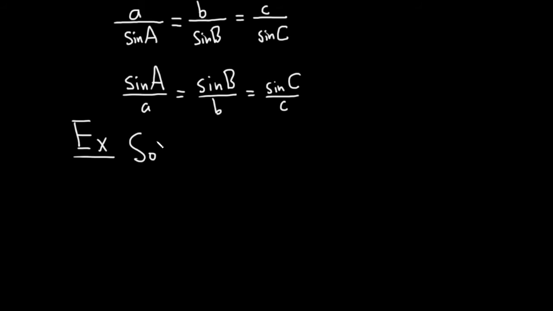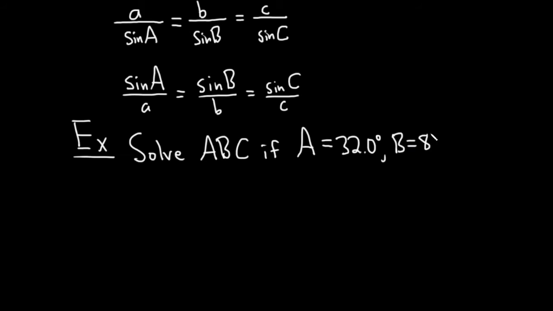The question says solve triangle ABC if A is equal to 32 degrees and B is equal to 81.8 degrees and little a is equal to 42.9 centimeters.